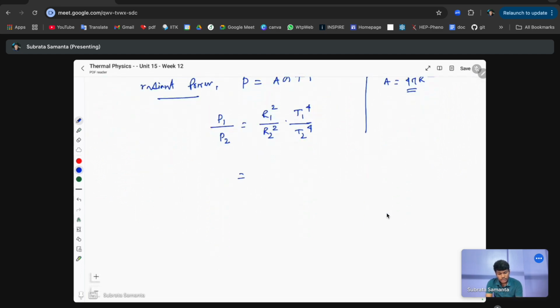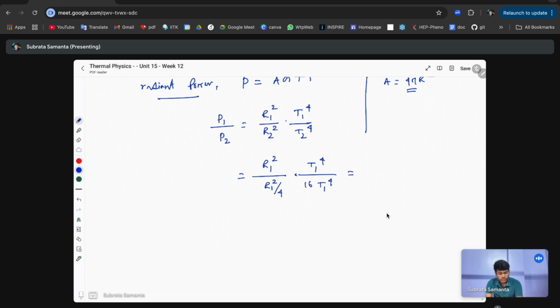So R1 square, and R2 square is basically R1 square over 4, times T2 is 2T1, so T1 to the power 4, and 2 to the power 4 is 16, so 16 T1 to the power 4.